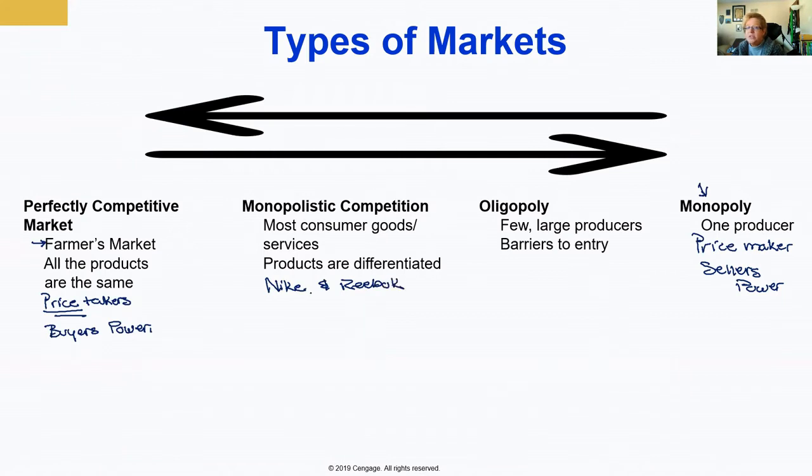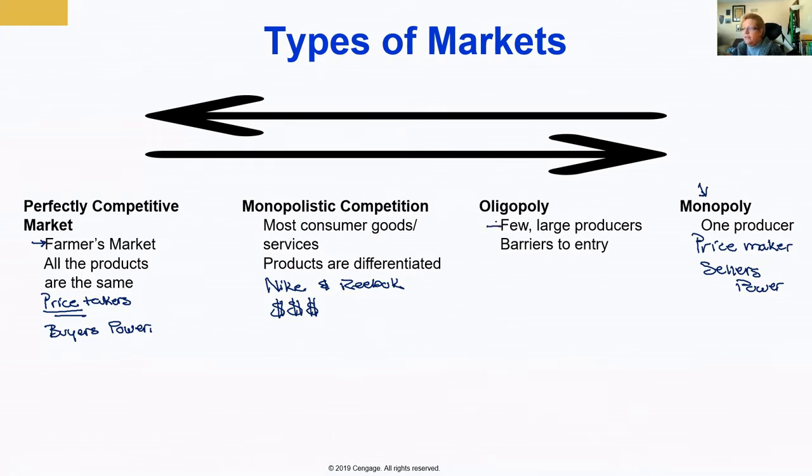To some buyers, there's a big difference between these two products, but for others, there's not. So we tend to see in monopolistic competition that sellers are taking back some of the power because they're differentiating their products from others. And we tend to see also that they will spend a lot of money in advertising. Most consumer goods and services will fall into this monopolistic competition category.